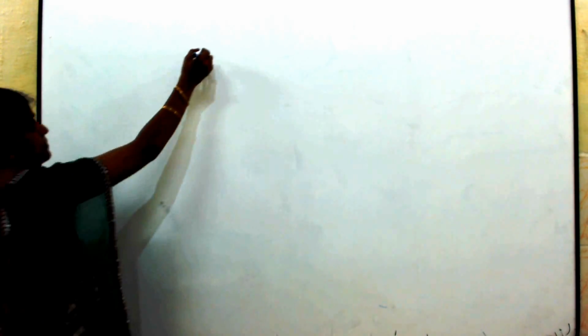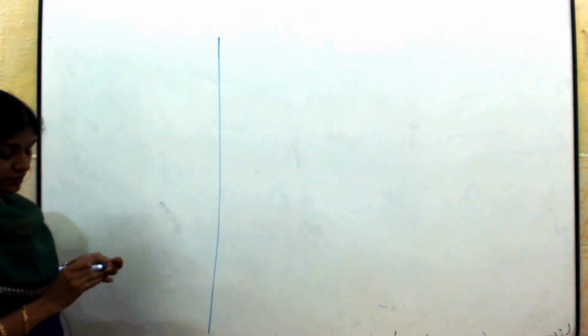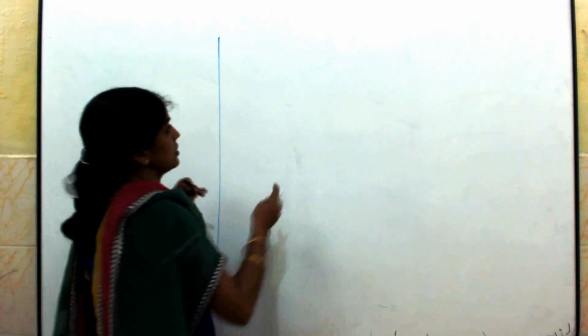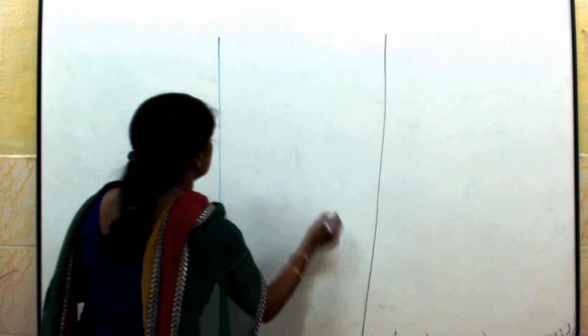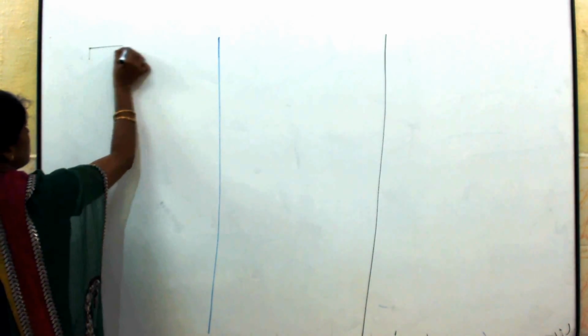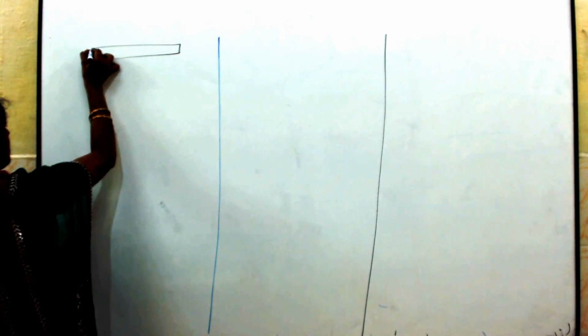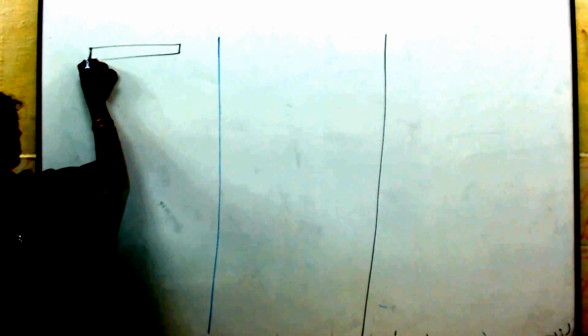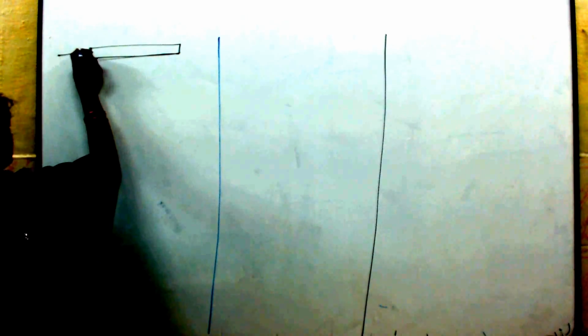We take a metal. I will take, for example, copper here. This is your metal. In this direction, I am going to allow the current to flow through this metal.